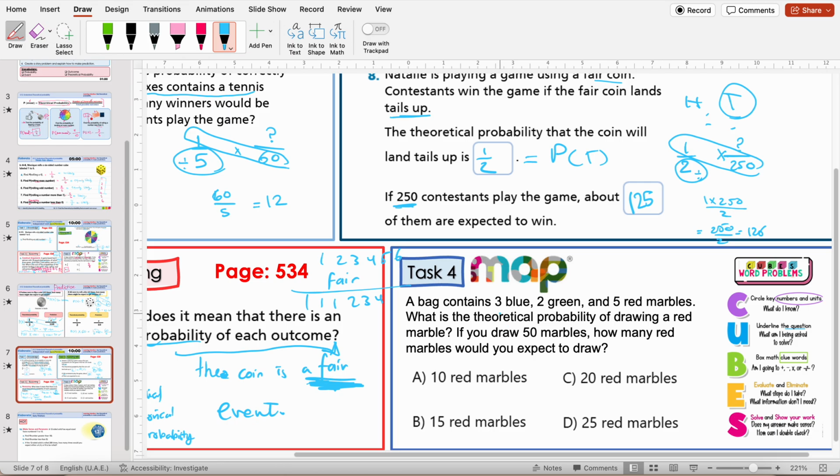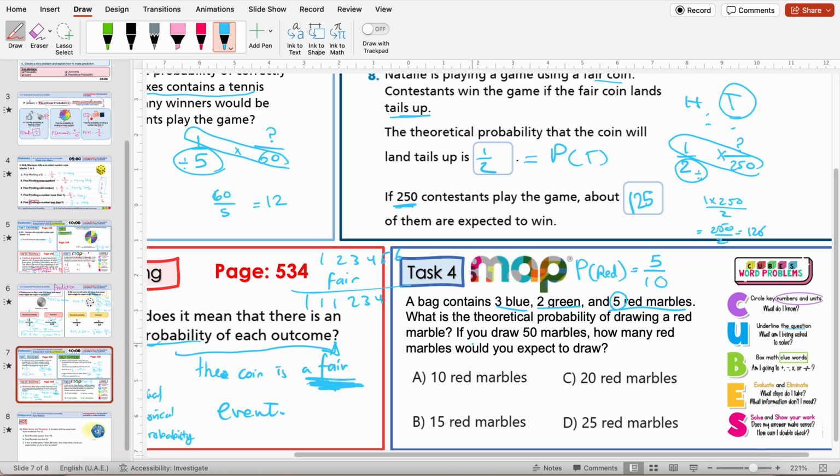A bag contains 3 blue, 2 green, and 5 red marbles. What is the theoretical probability of drawing a red marble? A red marble is basically 5 out of, what's the total? 5 plus 2, 7, plus 3, 10. 5 out of 10. Probability of taking a red marble.